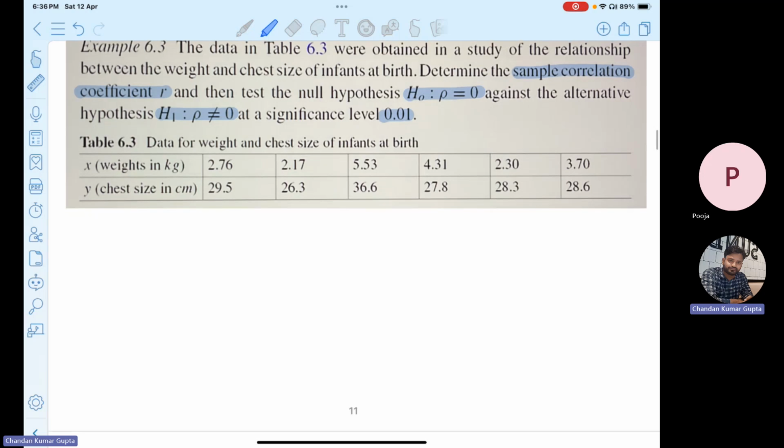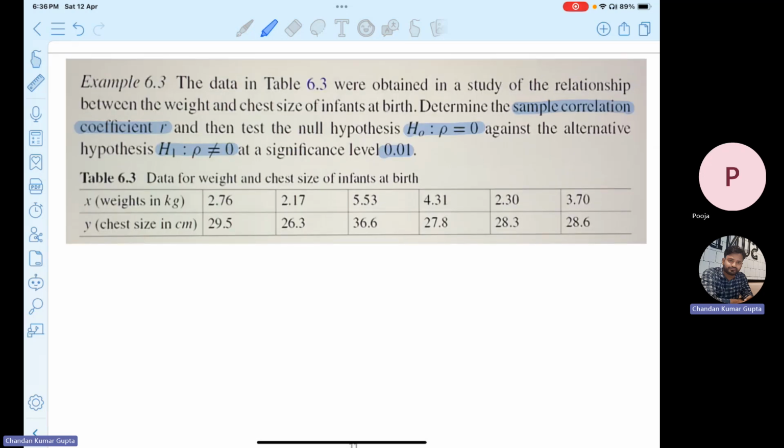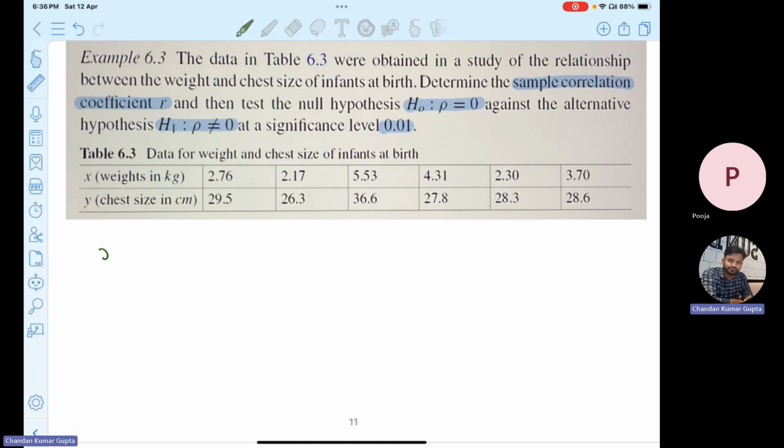So let's start. First, we need to calculate the sample correlation coefficient R. The formula is Sxy divided by the square root of Sxx times Syy. How do we calculate these values?